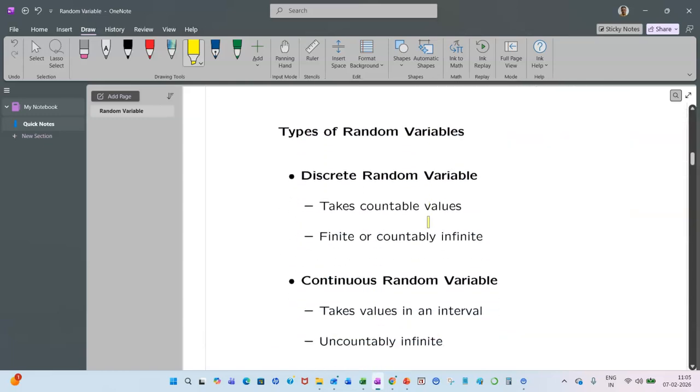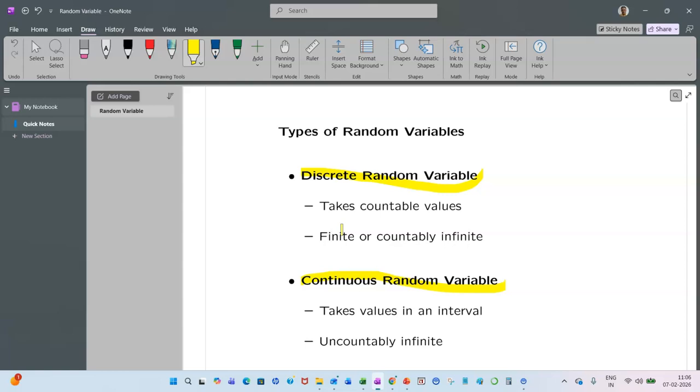There are two types of random variables, as I said, discrete random variable and continuous random variable. A discrete random variable takes countable values or a finite number of values, say the number turned up in a dice roll or the color of a flower. Those are the classes or the countable values, and it could be infinite also, like the number of tosses to get a head.